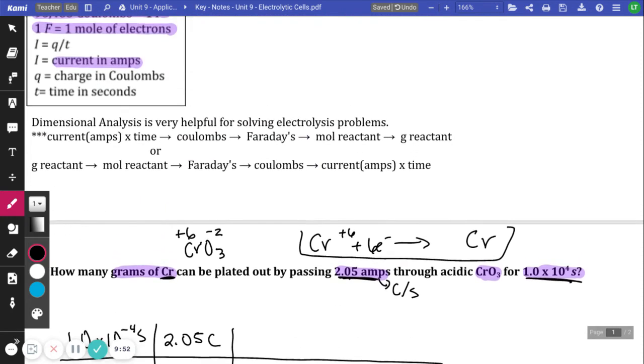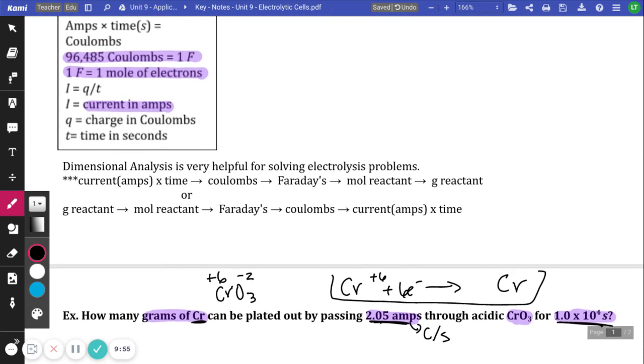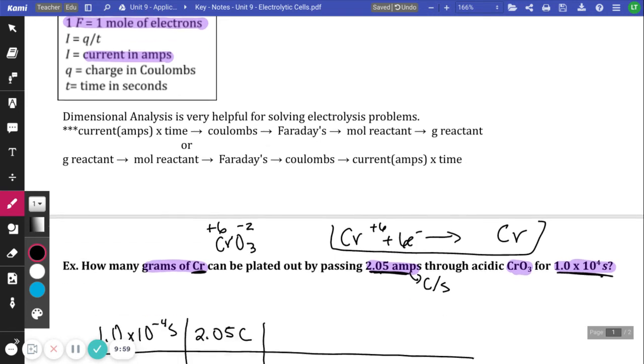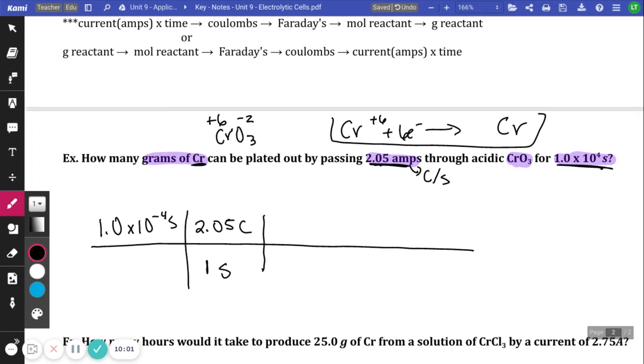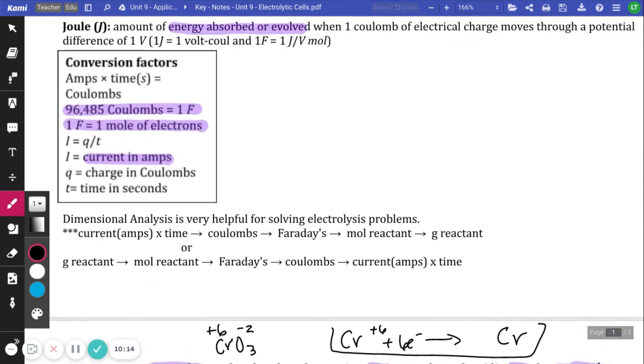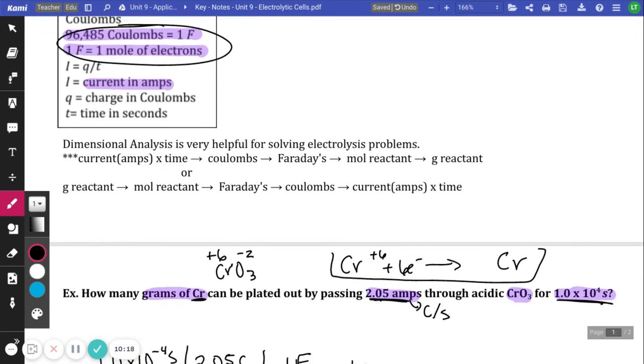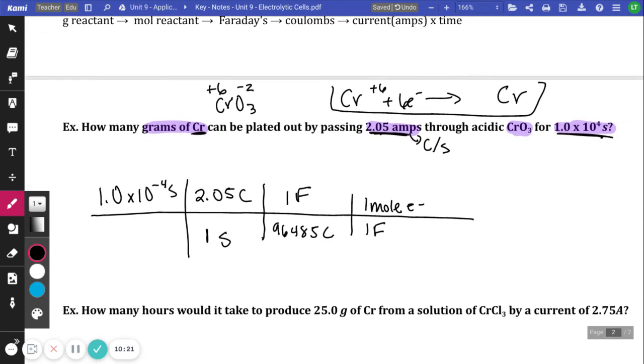Now I can use the other conversion factors we've learned. There are 96,485 coulombs in 1 Faraday, and 1 Faraday is 1 mole of electrons. Those are the two conversion factors from the previous page of my notes.